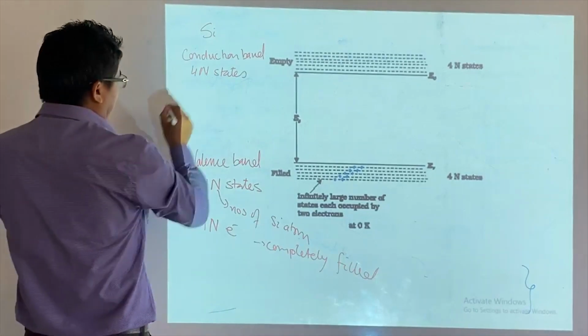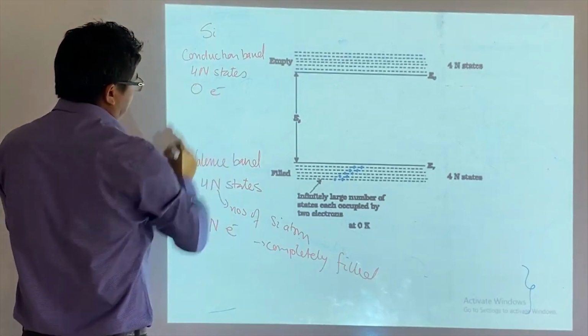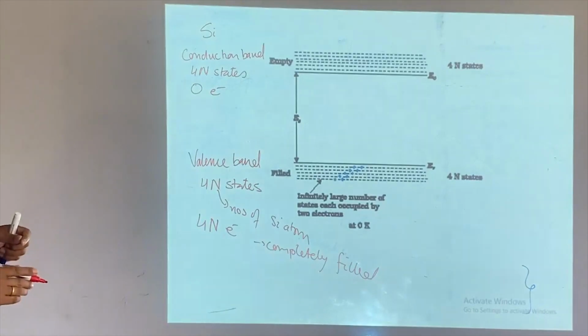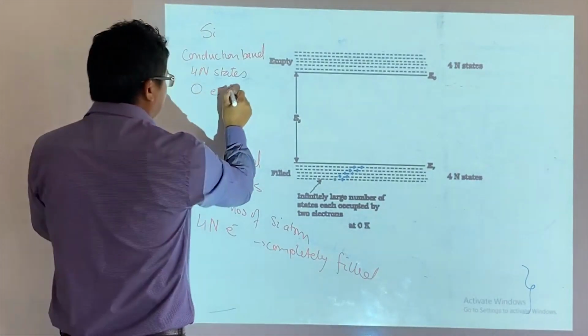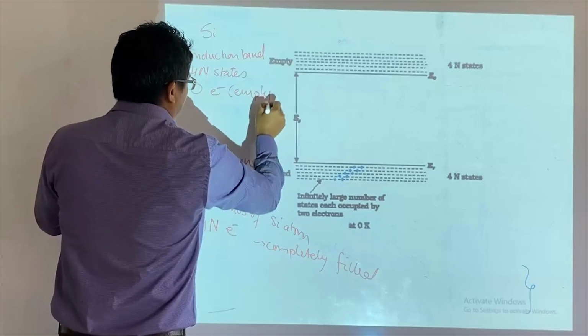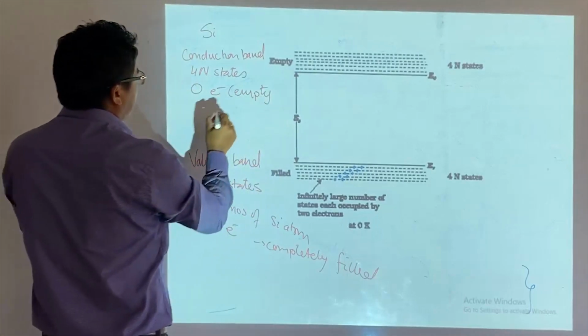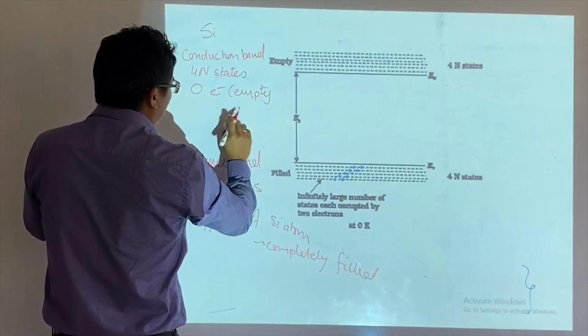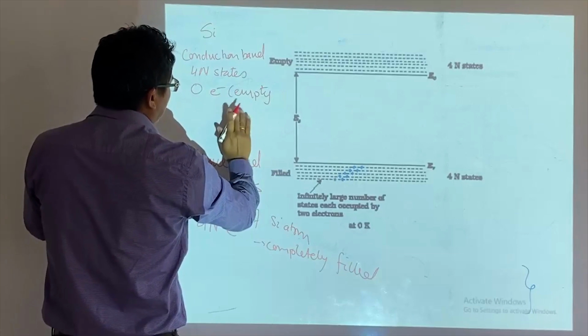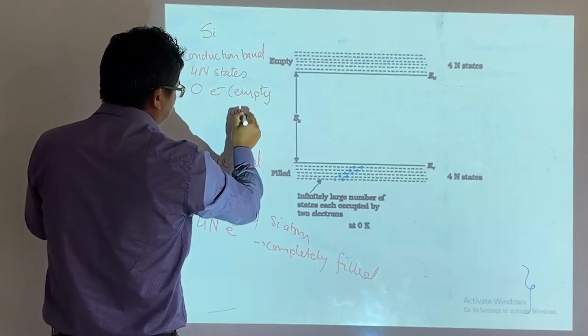However, the number of electrons available is 0. This is what we call an empty energy state, the empty conduction band.